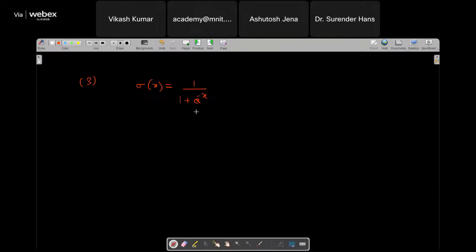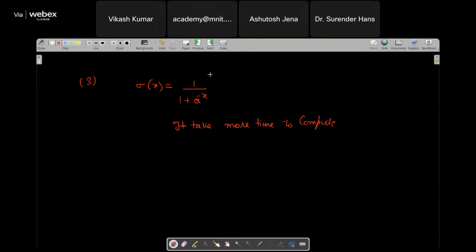It takes more time to compute. The reason is this exponent. So computationally it is expensive.